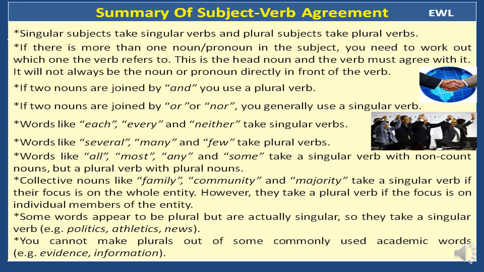Examples: politics, athletics, news, mathematics, etc. You cannot make plurals out of some commonly used academic words. Examples: evidence, information, etc. So please keep all these things in mind. I know it's really confusing, but by practice definitely we can get well versed with this topic.